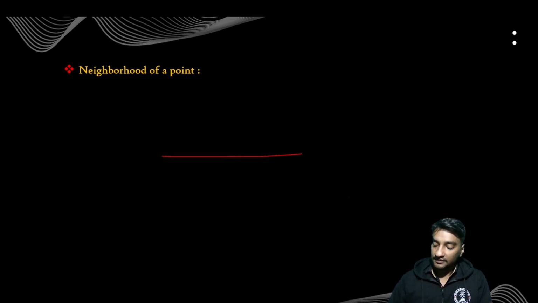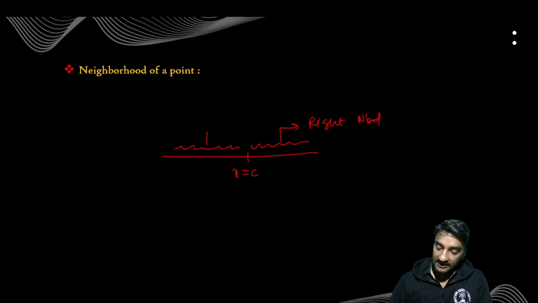Suppose this is x equal to c, then we say that this region is the right neighborhood. Similarly, this region is the left neighborhood. We denote the right neighborhood as c plus and the left neighborhood as c minus, right?